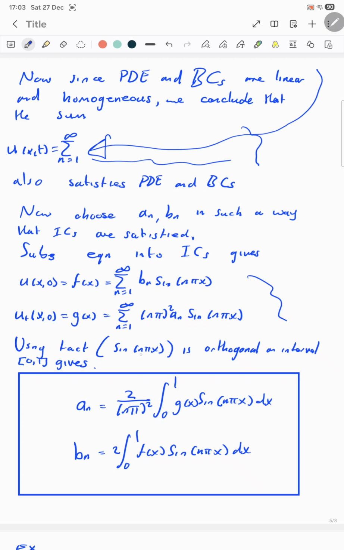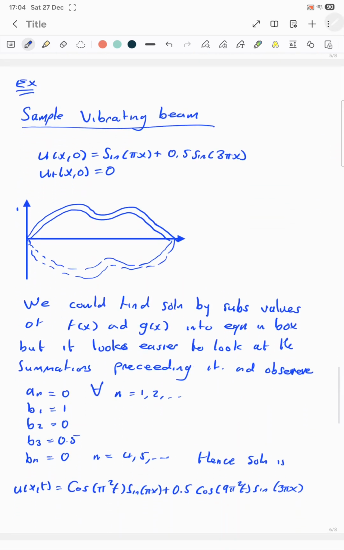So we're using the fact that sin(n pi x) is orthogonal on the interval 0 to 1, which gives this, the orthogonality property. An example of a sample vibrating beam: u(x,0) = sin(pi x) + 0.5 sin(3 pi x), and u_t(x,0) is 0.